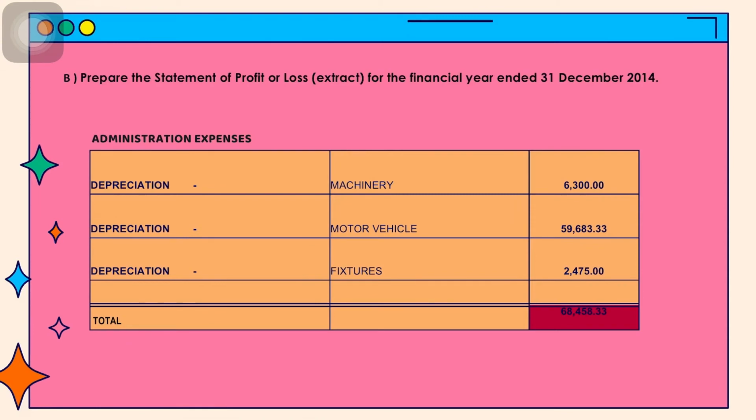The depreciation for machinery is 6,300, and the depreciation for motor vehicle is 59,683.33. The depreciation of fixtures is 2,475, and the total is 68,458.33.